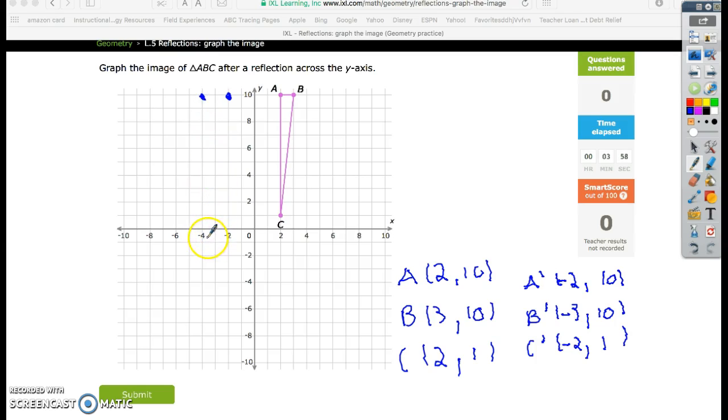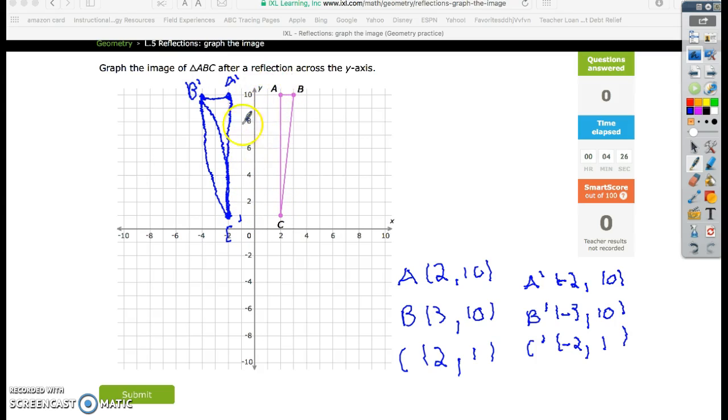And the final point would be negative 2, 1. I have my A prime, my B prime, and my C prime.